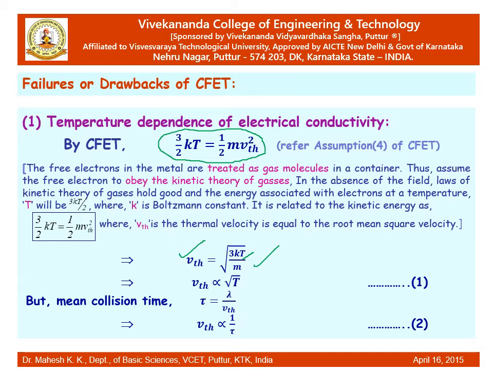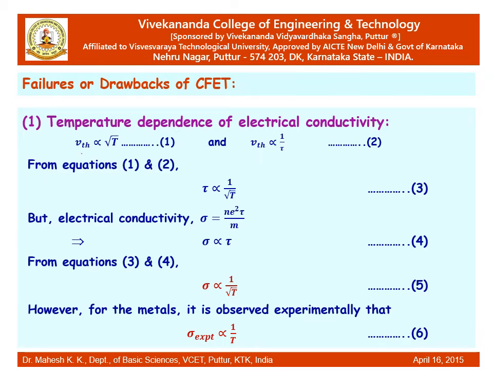By definition, for mean collision time, tau is equal to lambda over v_th, so v_th is inversely proportional to tau. These two equations we number as equation 1 and 2, and I am writing them in this slide also for easy reference.